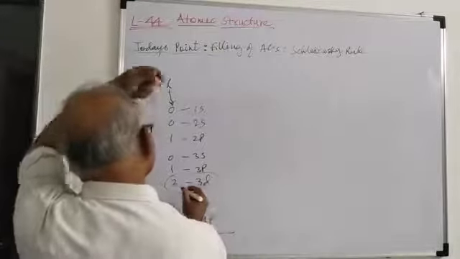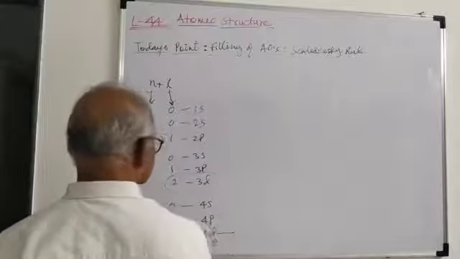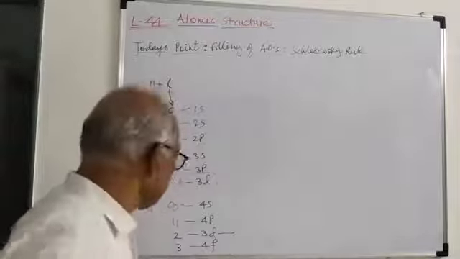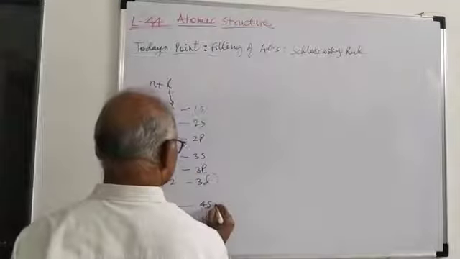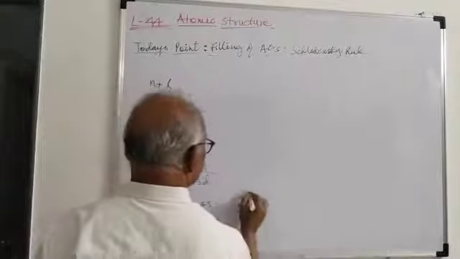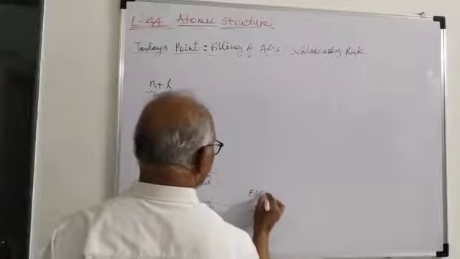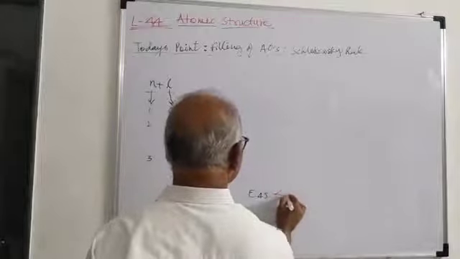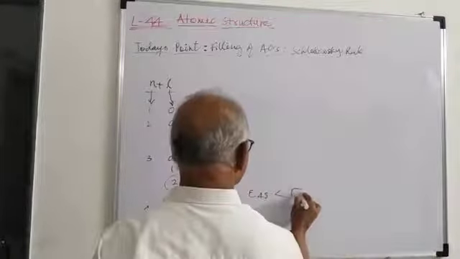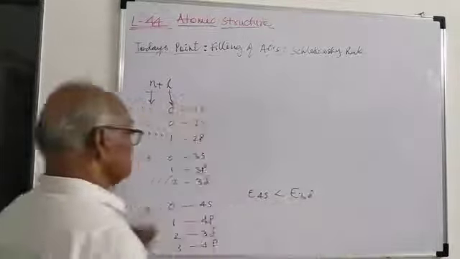So we have to compare the energy level of the 3d orbital and the energy level of 4s. Here we see that the energy of 4s is relatively lower than the energy of 3d.